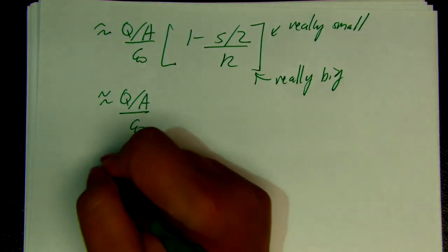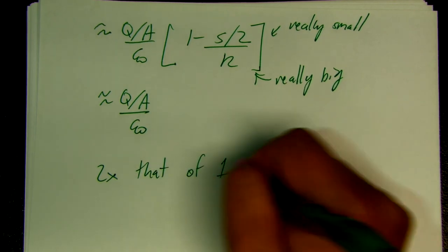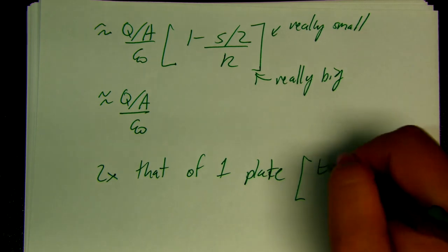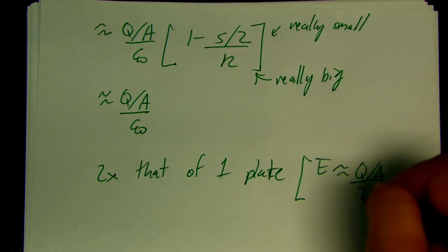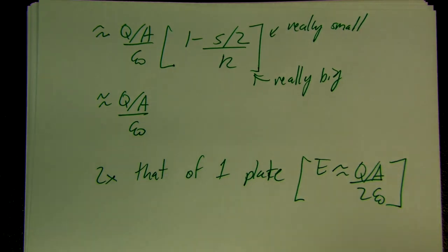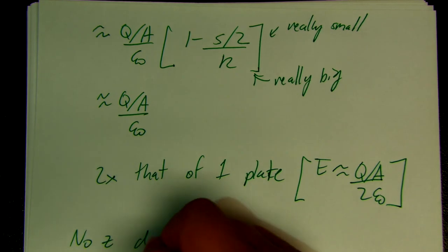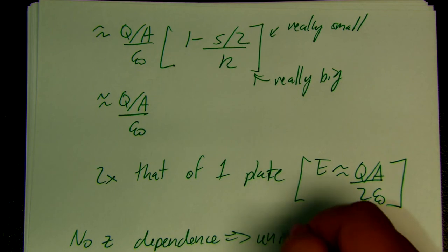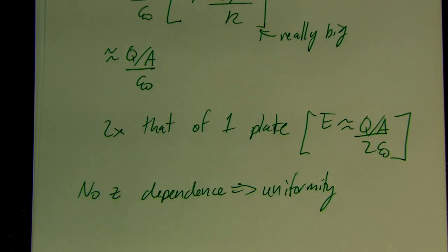And so we can see this is actually just 2 times that of one plate. So remember that the field of a plate is approximately Q over A over 2 epsilon naught. So this would be consistent with what you might imagine. And there's no Z dependence, which indicates the uniformity. So again, our concepts are working out.